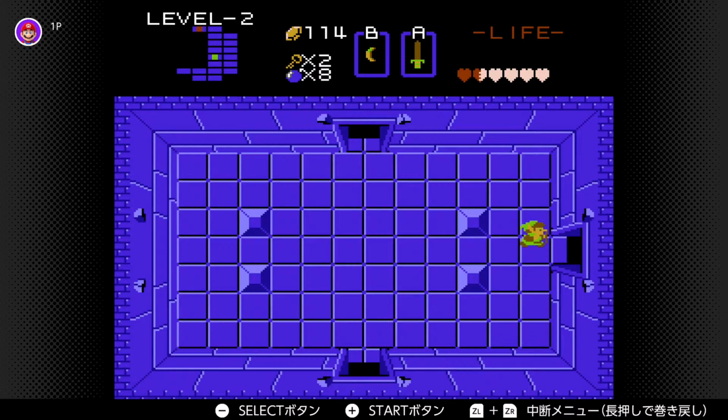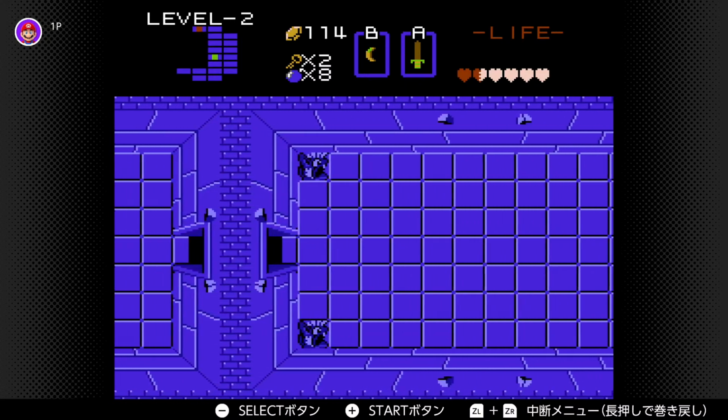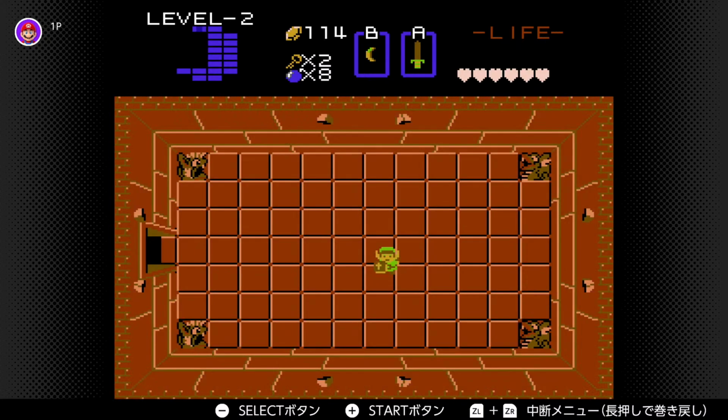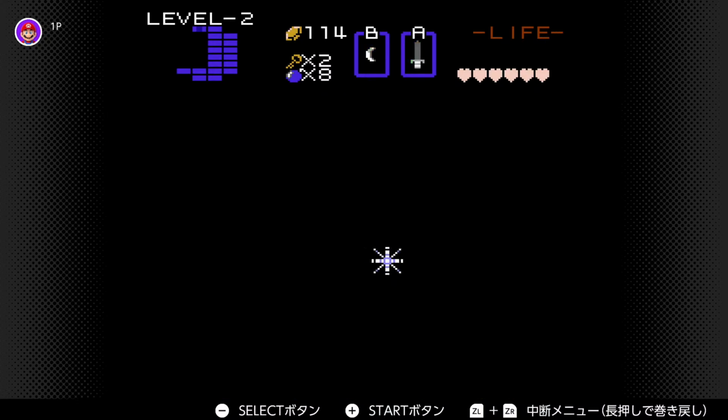Fortunately, nobody seems to be dropping hearts. Let's see if we can do it. As usual, the worst part are the projectiles. As in, not even the boomerangs, but the statues.